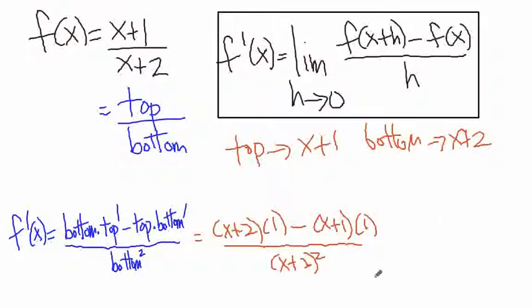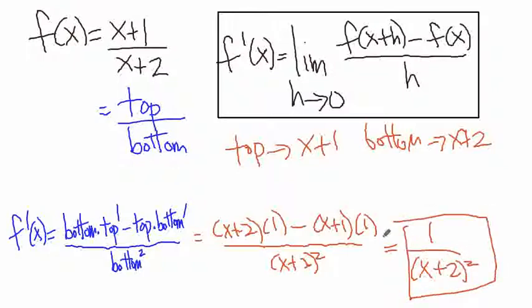Now you could simplify it if you like, do some algebra. On the top, I hope you can see that you would have x minus x and 2 minus 1. So 1 over x plus 2 squared is as good as it gets. That, in a nutshell, is the quotient rule.